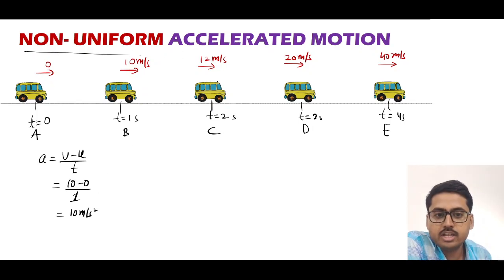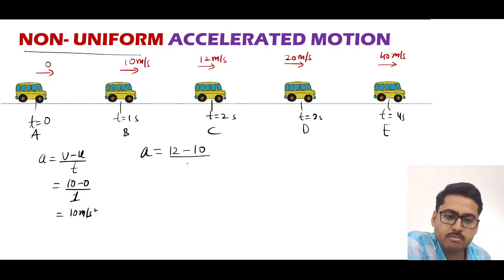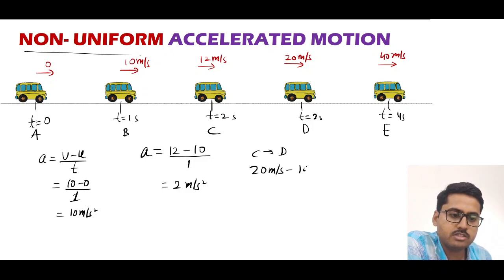Over here, this will be 12 minus 10 by 1, that is 2 meters per second square. And for point C to D, it will be 20 meters per second minus 12 meters per second divided by 1, and that will be 8 meters per second square.